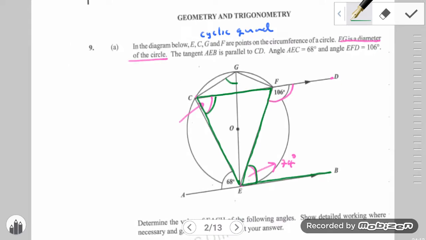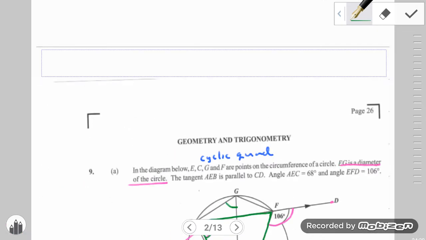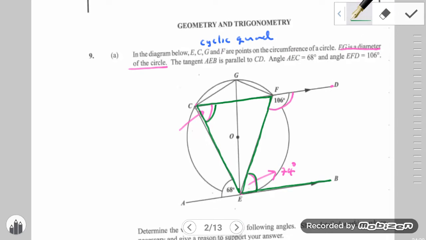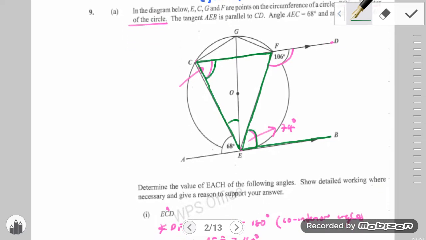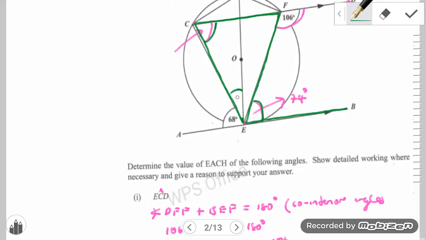Okay, so it's actually not CGE, guys, but it's CEG. So you see we have to be very careful. It says here CEG. So the angle is not at G, the angle is actually at E. So it's down here. We said earlier that this angle here is going to be equal to 90 degrees minus 68.